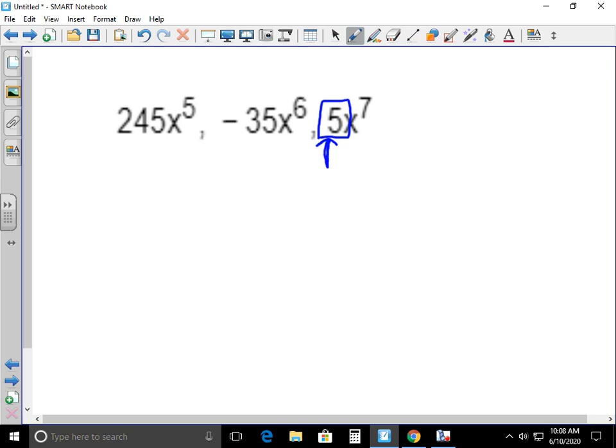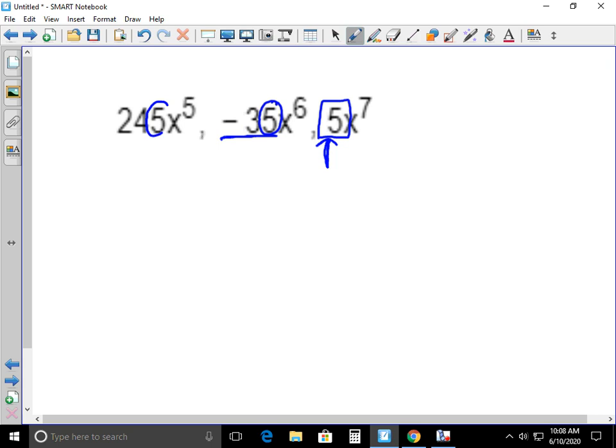So we have to ask ourselves, is 5 a factor of the other two? Does 5 go into 35? Well, yes, 5 goes into 35. How do I know that? Well, first of all, that's one of our multiplication facts we memorize. 35 is 5 times 7. But also, if that last number is either 0 or 5, then it's divisible by 5.